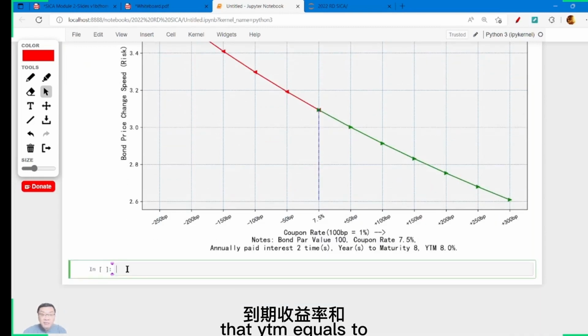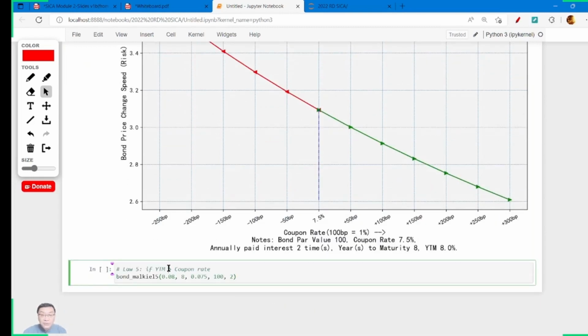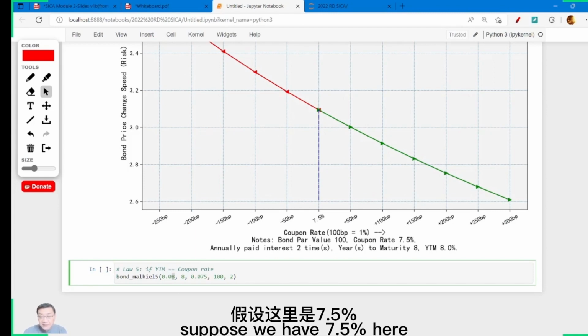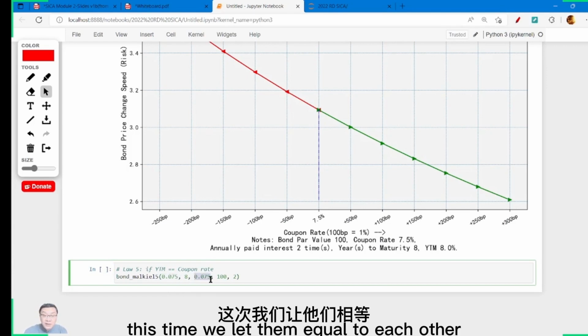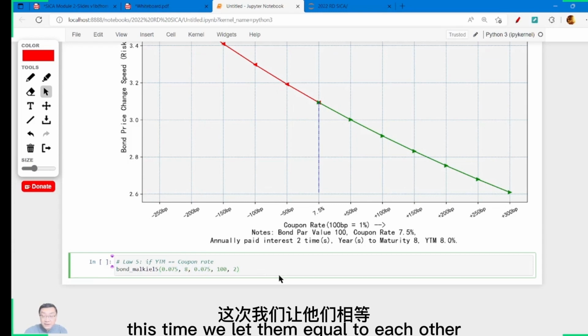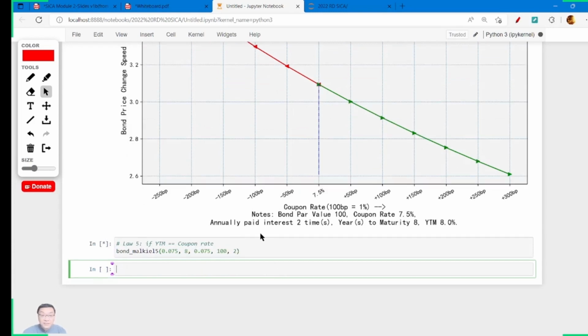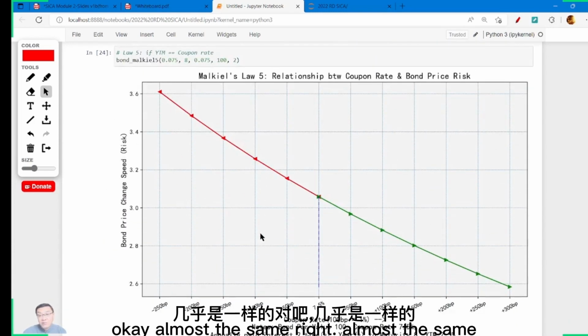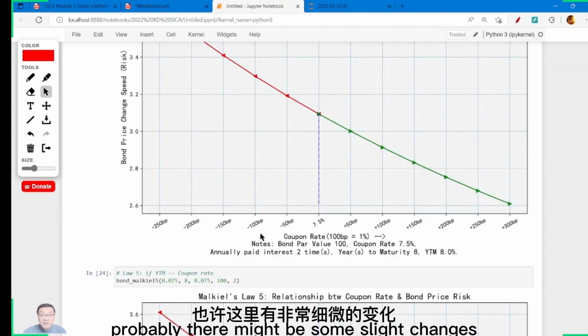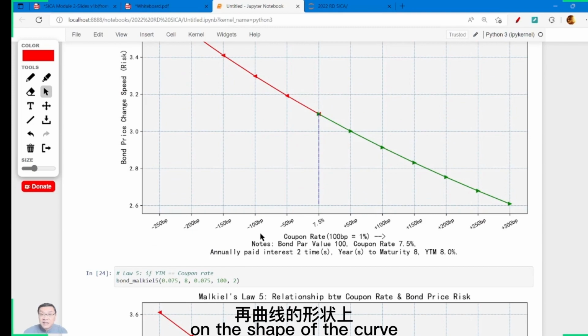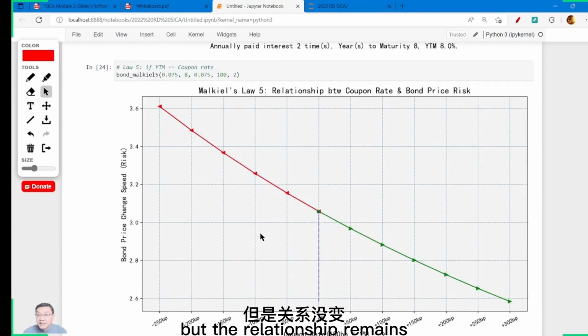Let YTM equal the coupon rate, suppose 7.5% here. This is YTM, this is coupon rate, and this time we let them equal each other. Almost the same, right? Probably there might be some slight changes in the shape of the curve, but the relationship remains.